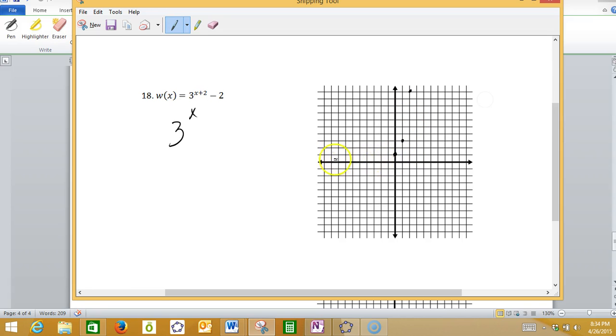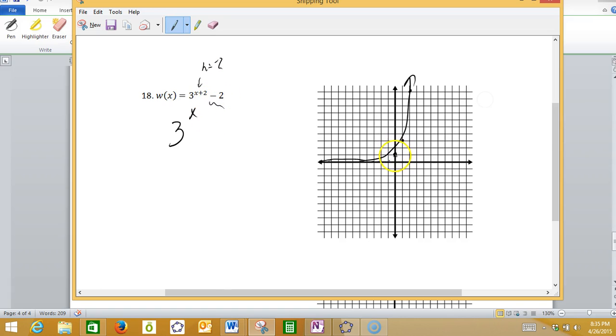And then on the back side here, we need to do some explanation. Parent functions right now just have this kind of roller coaster feel to them. So we're going to take that. Since we have a positive, that means we're subtracting a -2. So h is -2. So we went 2 units to the left and then down 2.